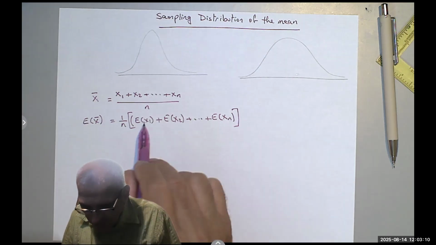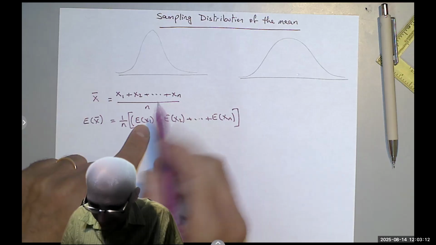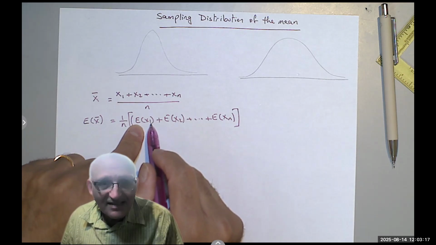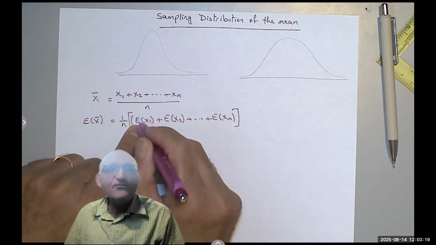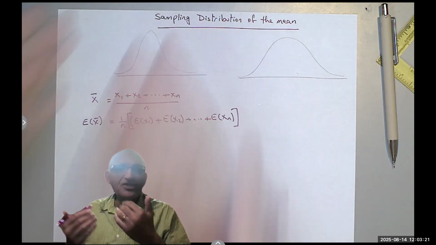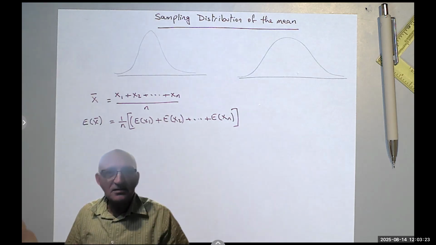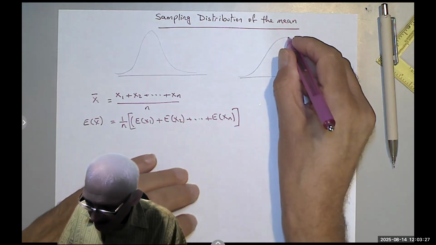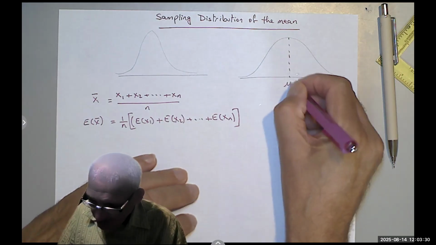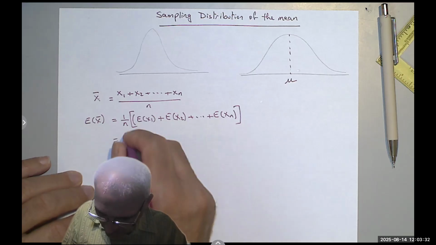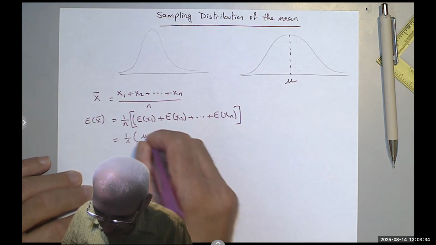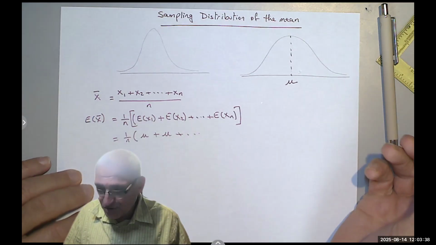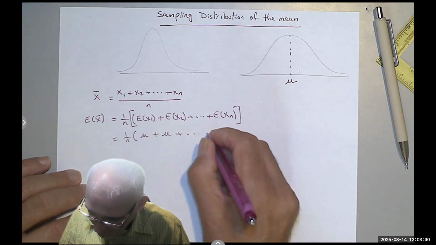But if I ask what is the expected value of x1, it means what is the expected value of the population from which x1 was coming. It's coming from this distribution, and the mean of it we called mu. So that becomes 1 over n times mu plus mu. All of them are coming from the normal distribution, so the mean is mu.